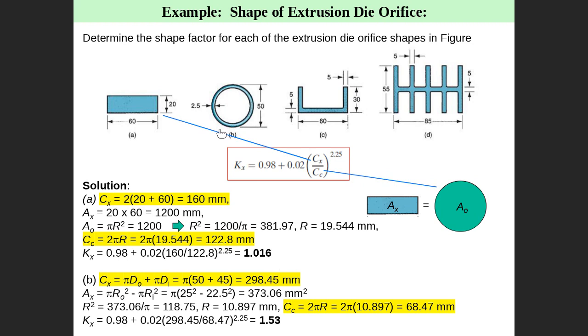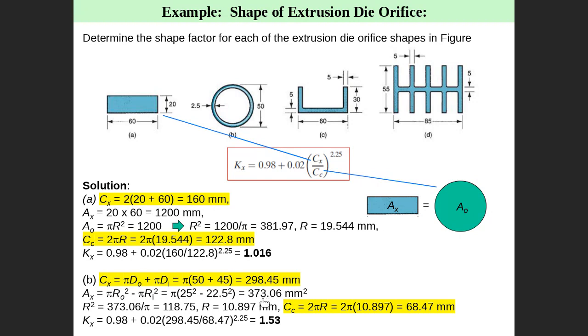What is the Cc? For Cc, you need to get the area of this guy, make it the area of a circle, get the radius, and get the perimeter. We need to obtain the area of the ring. Area of the ring Ax equals π RO square minus π R inner square, because the area of the ring is the bigger area minus the hollow area.